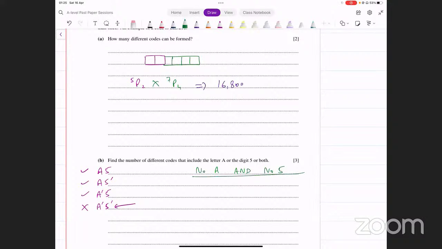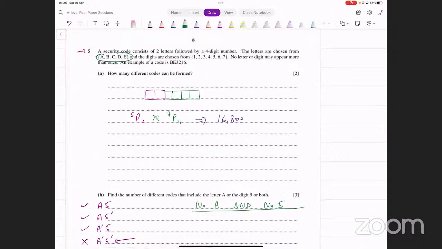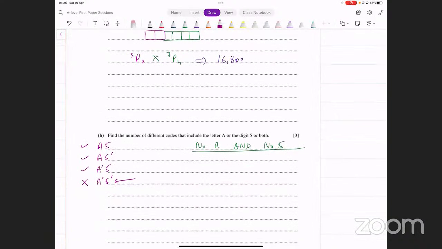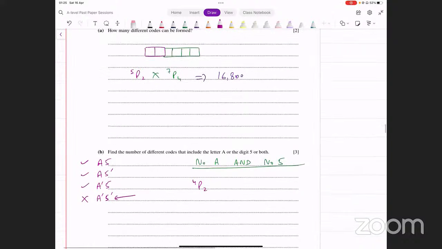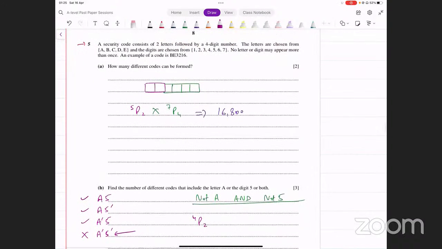Now, how do we figure out this case? Total letters कितने थे? 5. अगर A आपने नहीं include करना, what do you get here now? 4 में से आपको 2 letters choose करने हैं और उनको arrange करना है. That's 4p2. Okay. And then you do not need 5 as well. How many numbers did we have in total? We had 7 numbers in total. हमने कहा कि हमें 5 नहीं चाहिए. कितने numbers रह गए?